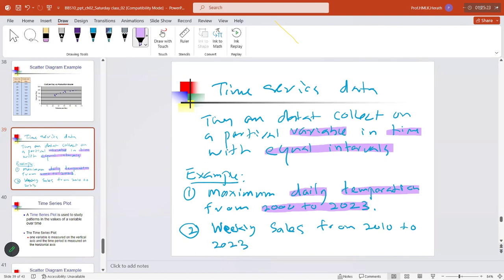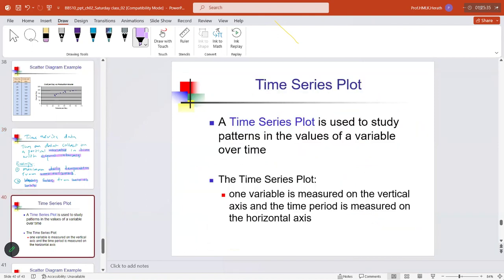So we have the time interval, the sales, and the time period. These are called time series data. If you plot these data, taking time to the x-axis and your values to the y-axis, this is called a time series plot.